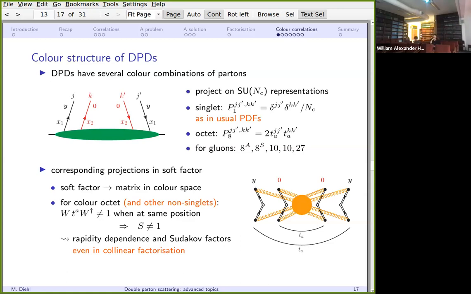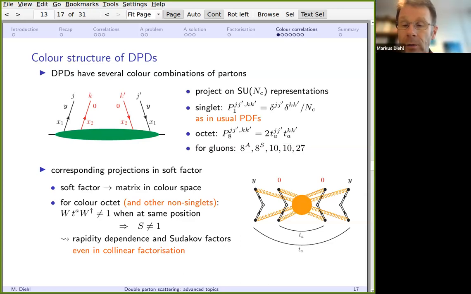Why is that? I couldn't hear you very well because there's just a plane flying over my head here. So the question is, if this here is a fundamental representation Wilson line and that is its conjugate, and if I replace the t with a 1, why is that not unity?